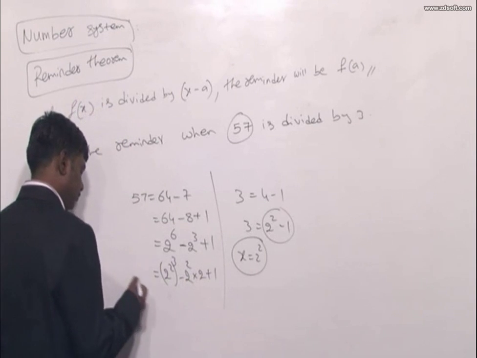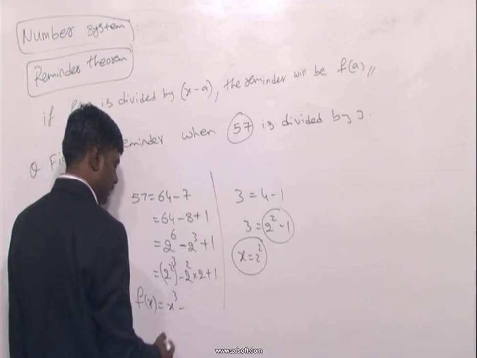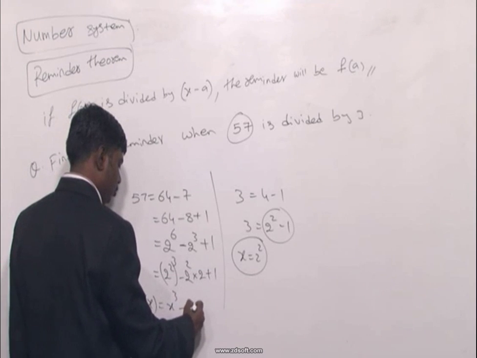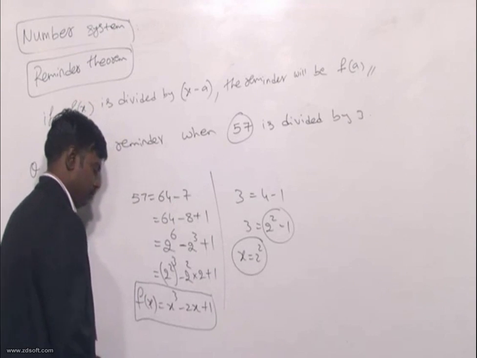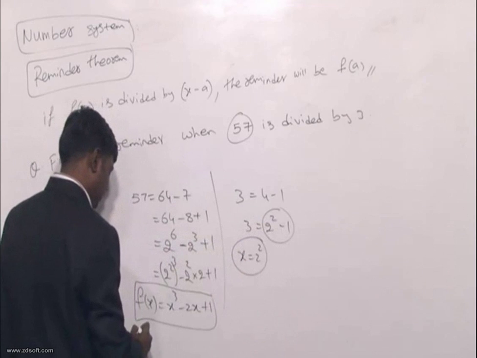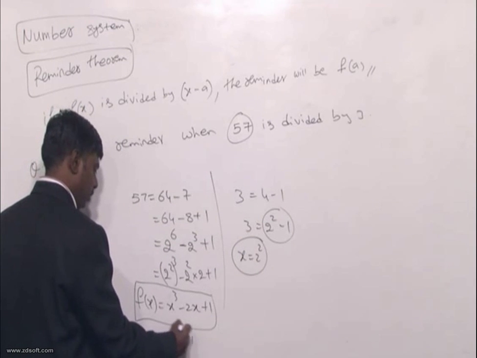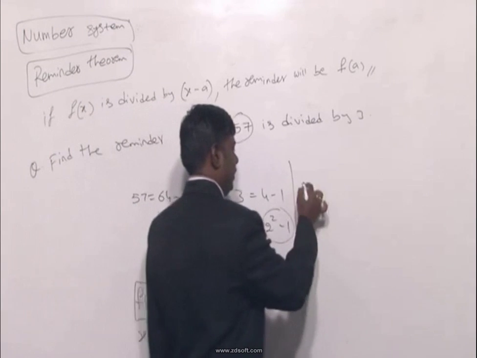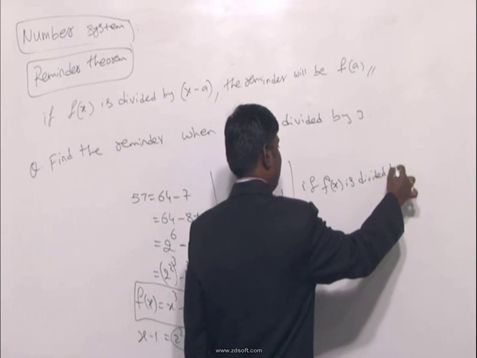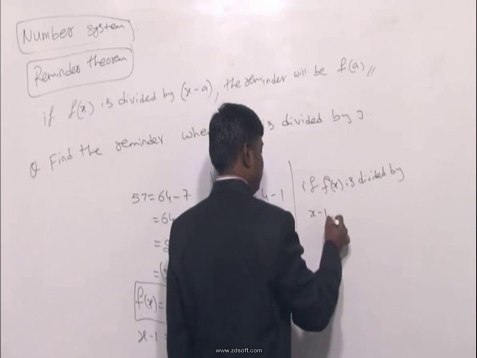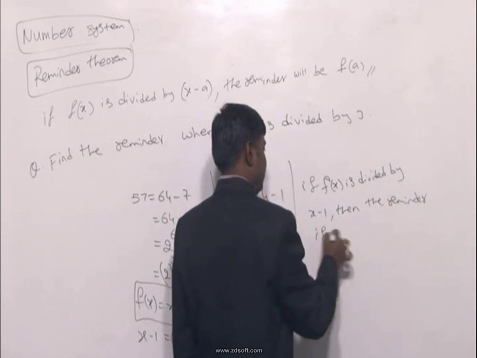So if I consider it as f of x, where x is 2 square, I can take it as x cube minus 2x plus 1, where this term is x minus 1, which is 2 square minus 1. If f of x is divided by x minus 1, then the remainder is f of 1.